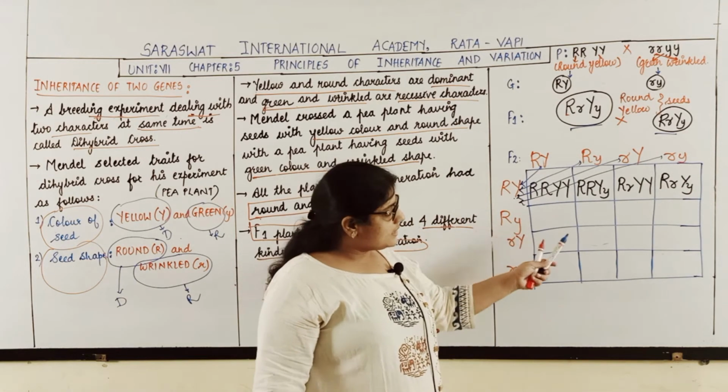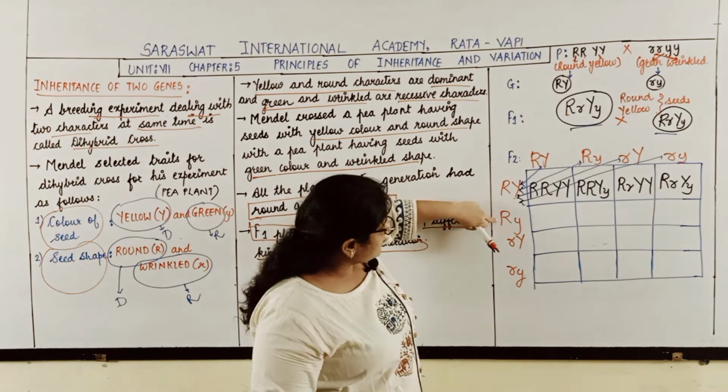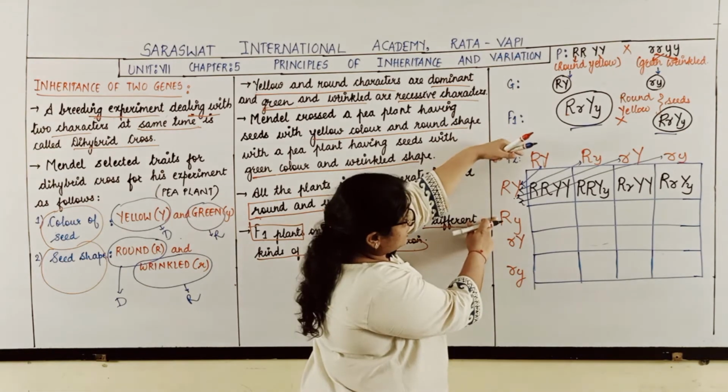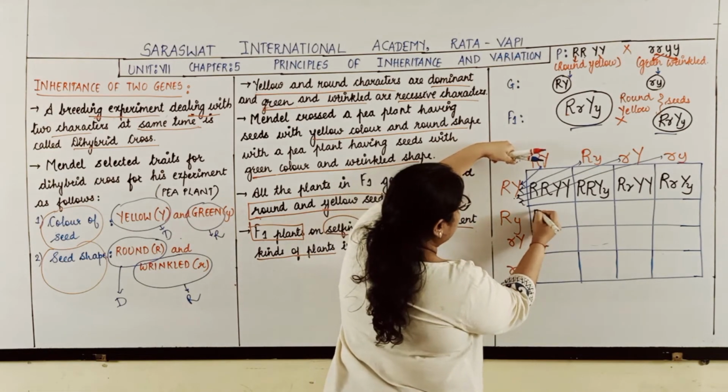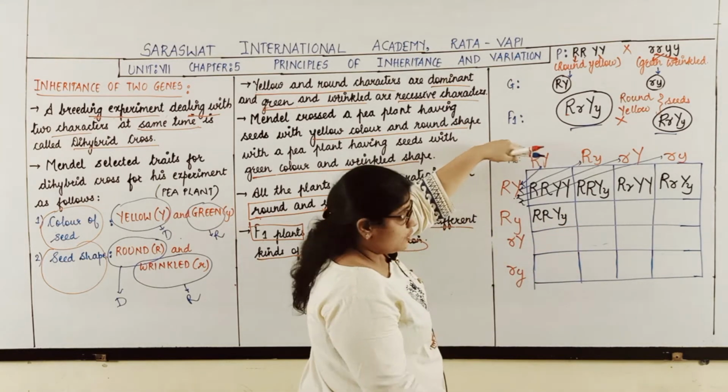Now students, in this way we will find the genotypes. On crossing this with this, we obtain capital R, capital R, capital Y, small y.